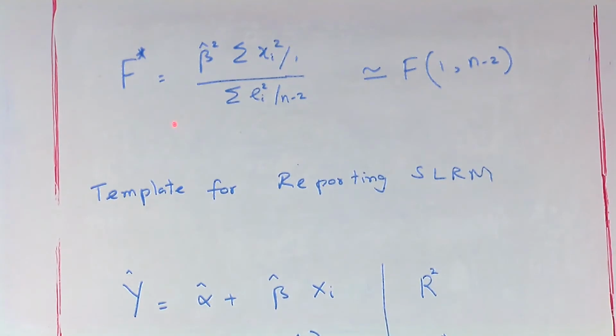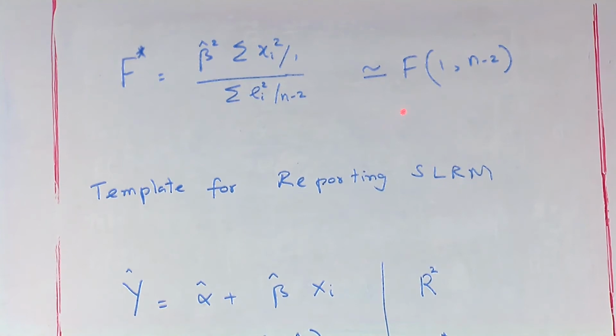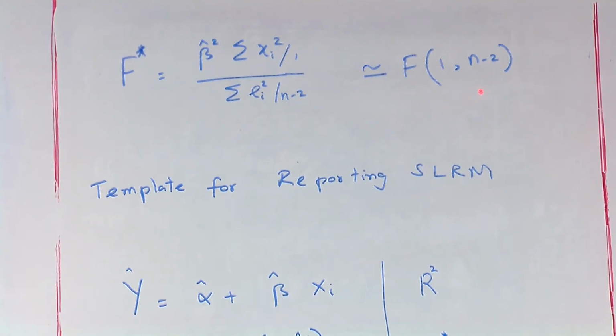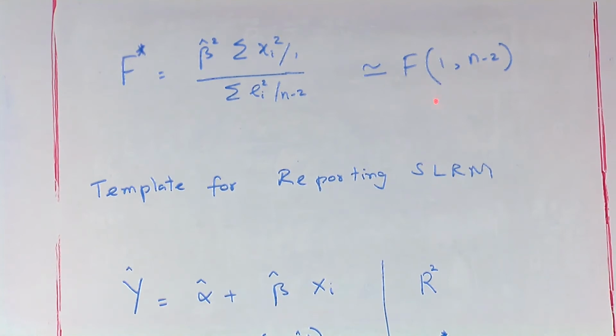The F ratio is defined as beta hat square sigma xi square divided by the degrees of freedom 1, divided by sigma ei square divided by n minus 2. This F follows the theoretical F distribution with 1 degree of freedom and n minus 2 degrees of freedom. So this is the F ratio defined.